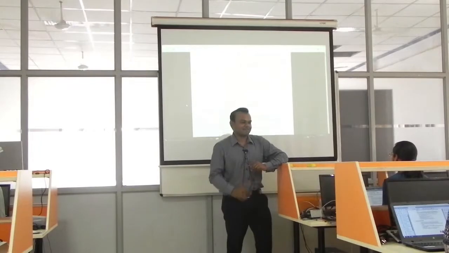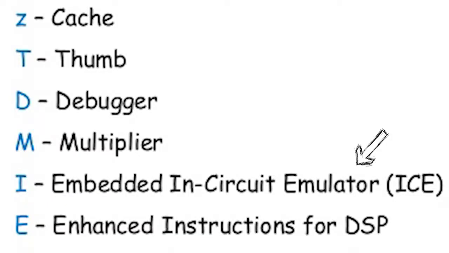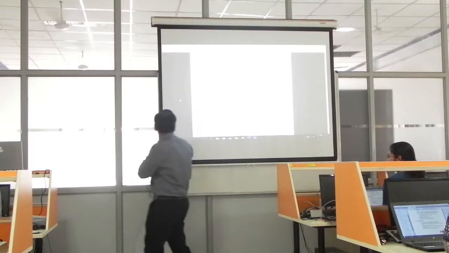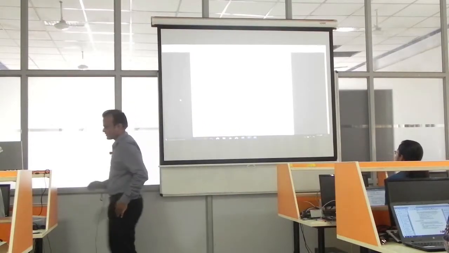Hardware multiplier. So M stands for hardware multiplier. And I? What is embedded ICE? In-circuit emulation. Okay. So here in the features you find in-system programming and in-application programming.